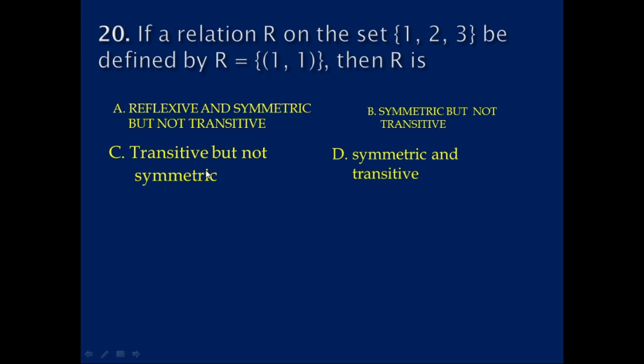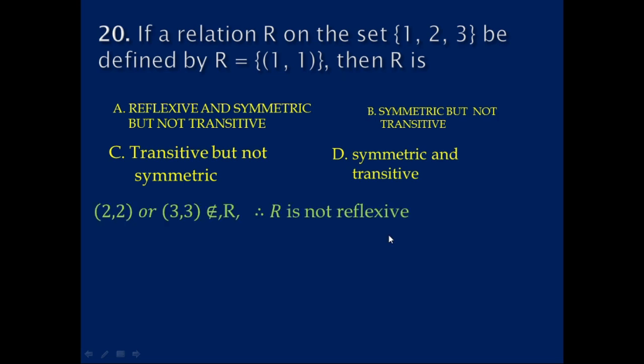Here R is a subset of A cross A. A means the set containing 1, 2, 3. R contains only one element, a trivial element, the set containing the element (1, 1). Here you know that 2 and 3 belong to A, but (2, 2) and (3, 3) do not belong to R. Therefore, R is not reflexive.